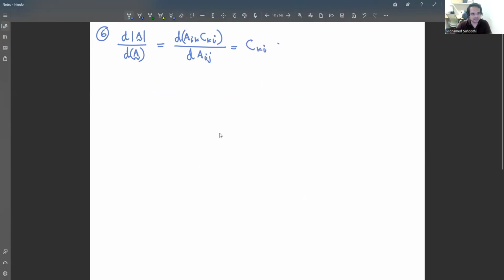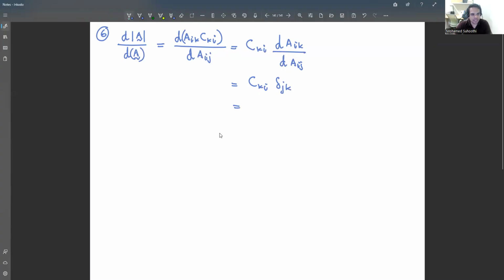C_KI. So here you will get the differentiation of A_IK with respect to A_IJ. This is what we discussed in our fourth one, right? This gives the identity matrix. When you write the denominator index, you have to write J first, then the numerator.